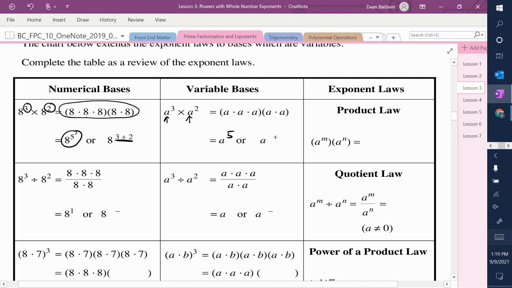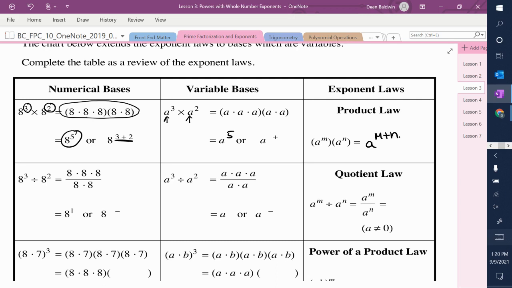A to the 5. This is called the product law. Mathematically, we say a to the m times a to the n is equal to a to the m plus n. You just add the exponents. Is that okay?